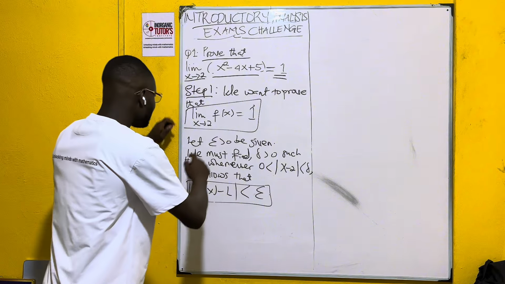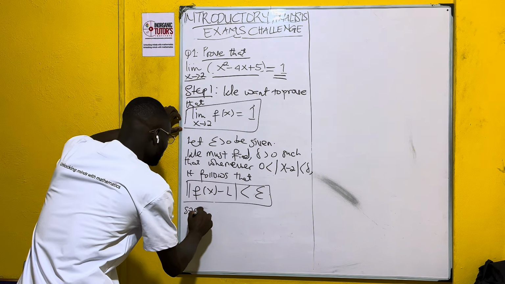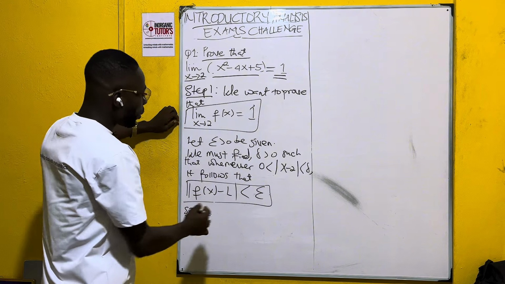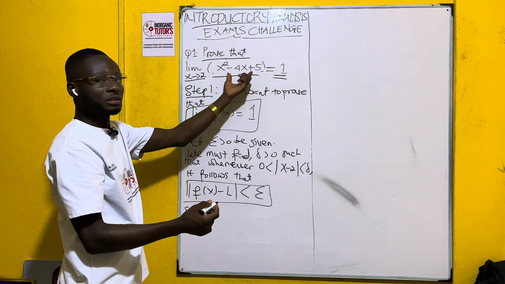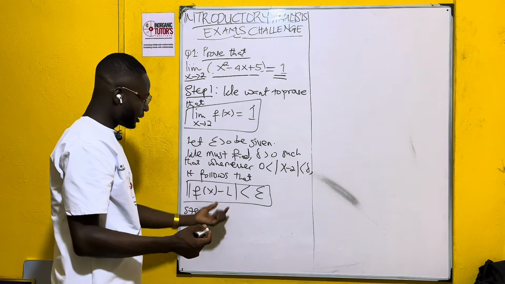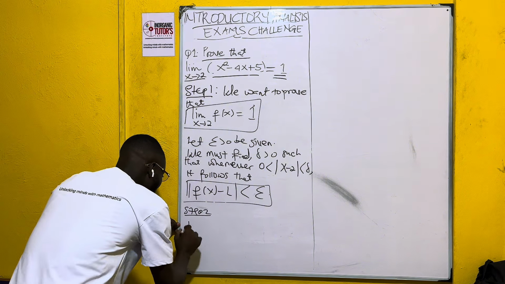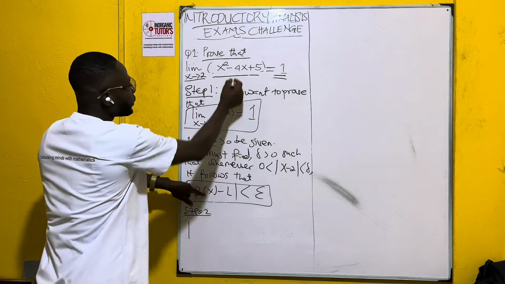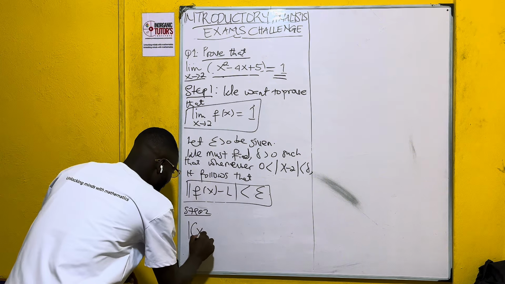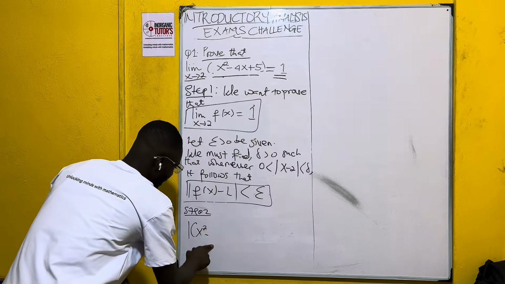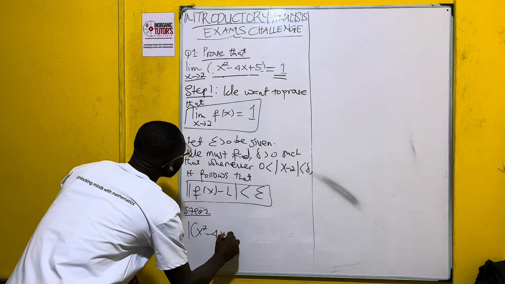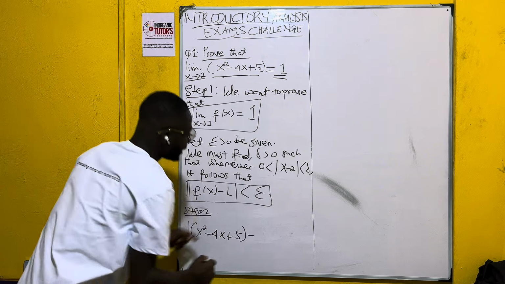Now, once you have been able to define this, the rest is algebraic manipulation, right? So that will be step 2. Step 2, we substitute the function into the expression, right? So we have the absolute value of the function, which is x squared minus 4x plus 5, minus the limit.